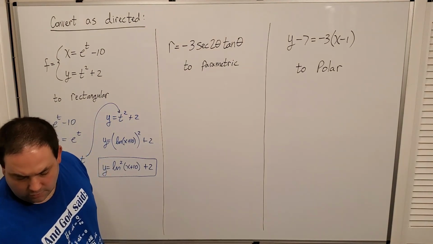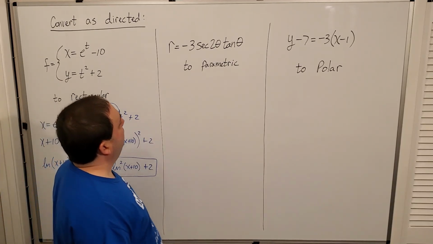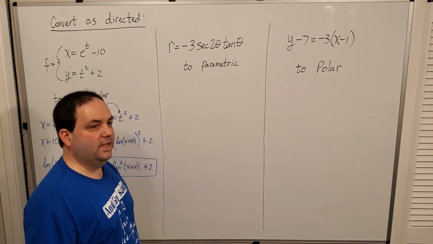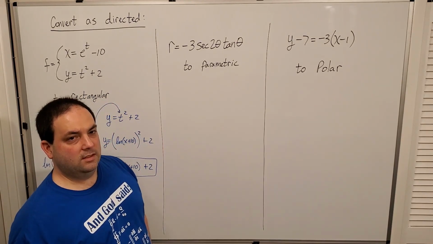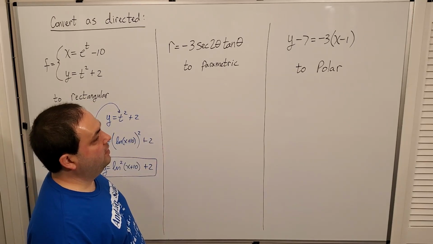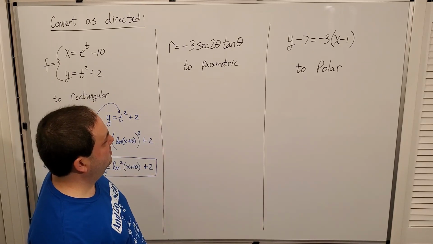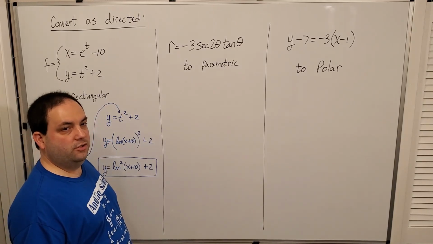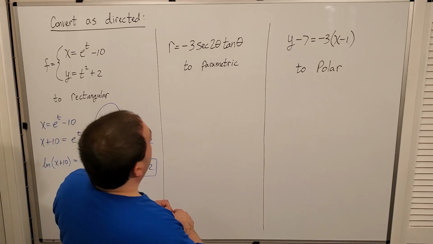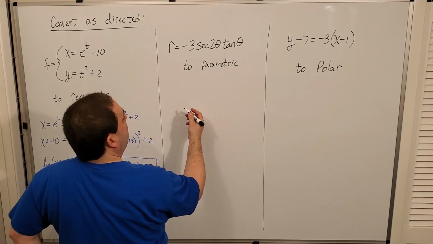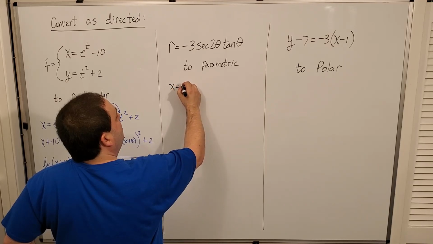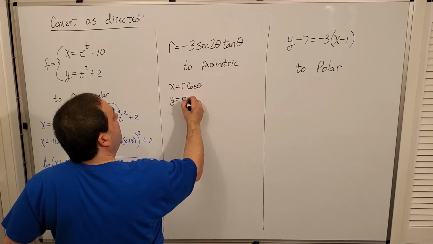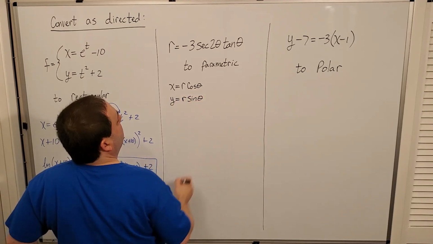Next, I want to convert this into parametric when it's already in polar. Now, also remember that parametric is sort of open-ended. There's an infinite number of different curves that I could pick for this. However, a really quick way to convert this is to remember that this is r, and the x value of something is always going to be r times cosine theta, and the y value is going to be r times sine theta.